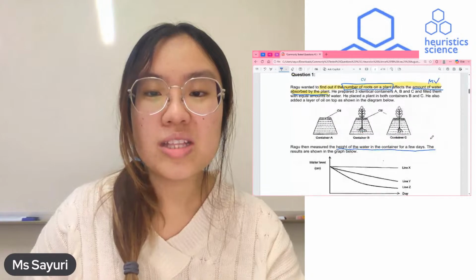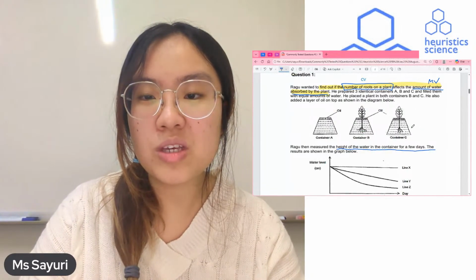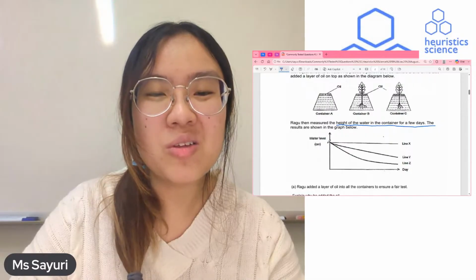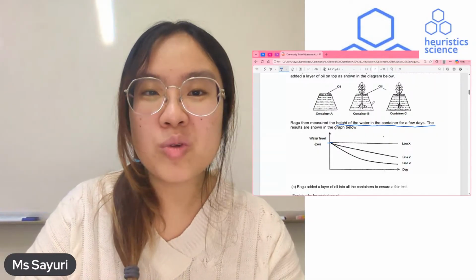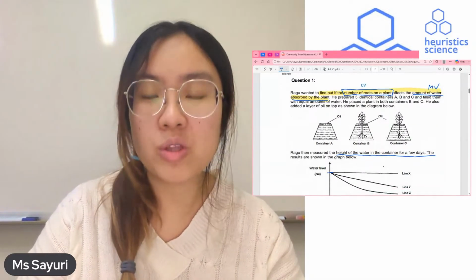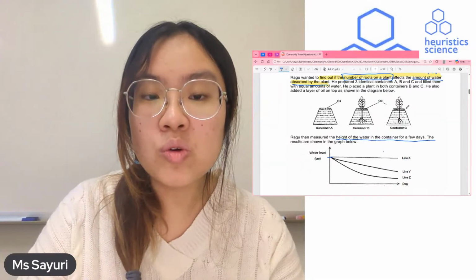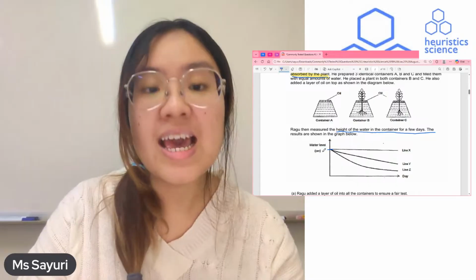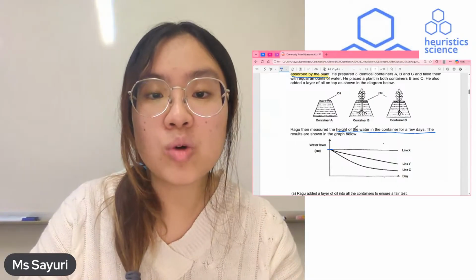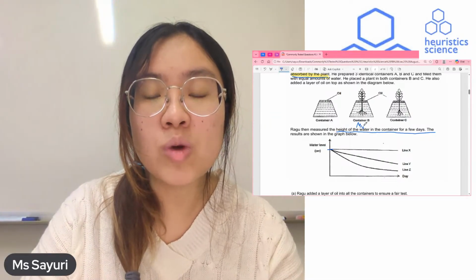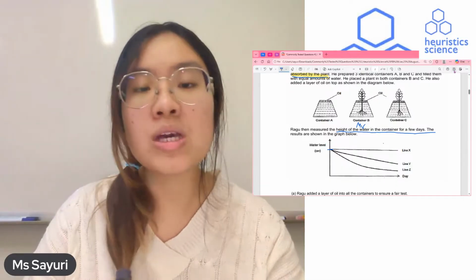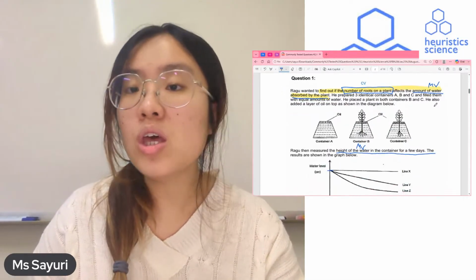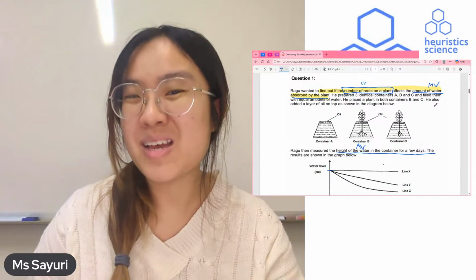He marks from here to here, 5 cm, from here to here, 10 cm. At the very start, all of the water looks like it's filled to the brim with oil on top, so you would know that the water level is the same. That's the constant variable first. Then he measures the height of the water in the container after a few days. There are many ways to do the measured variable, but they all point to the same thing, which is to find out how much water is being absorbed by the plant.